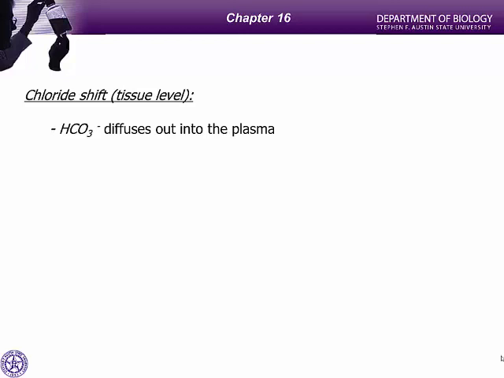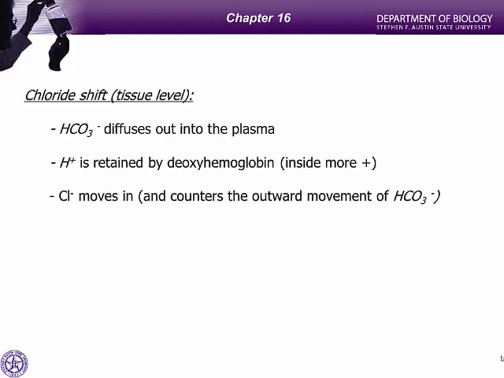So as our bicarbonate is formed and diffuses out, and again we mentioned that the hydrogen ion is going to bind to hemoglobin, the chloride ion moves in. And that's going to maintain our membrane potential, and it's going to shift the bicarbonate out, and it's going to be transported in the plasma back to the lungs.